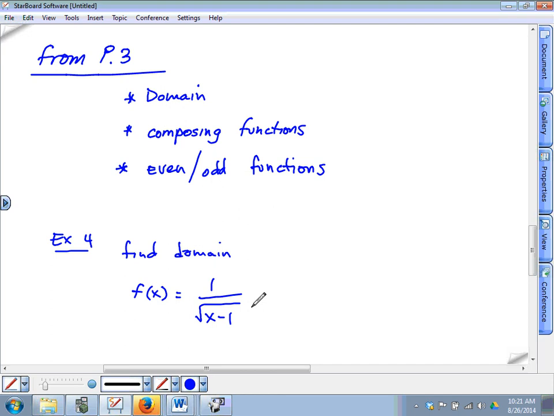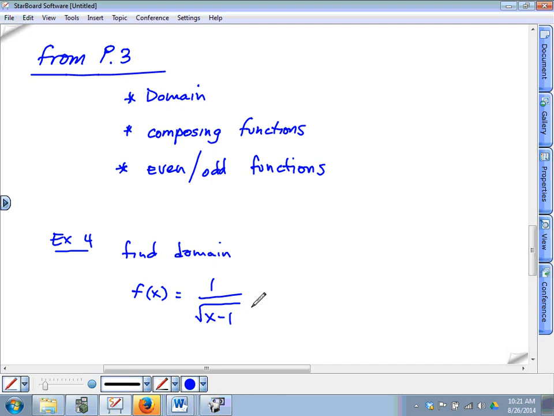What two issues are we dealing with here? There's two potential problems I can see. It's a square root, and it's on the bottom of a fraction. It's in the denominator of a fraction. Why are both of those problems? Well, you can't divide by 0, and you can't square root a negative value.